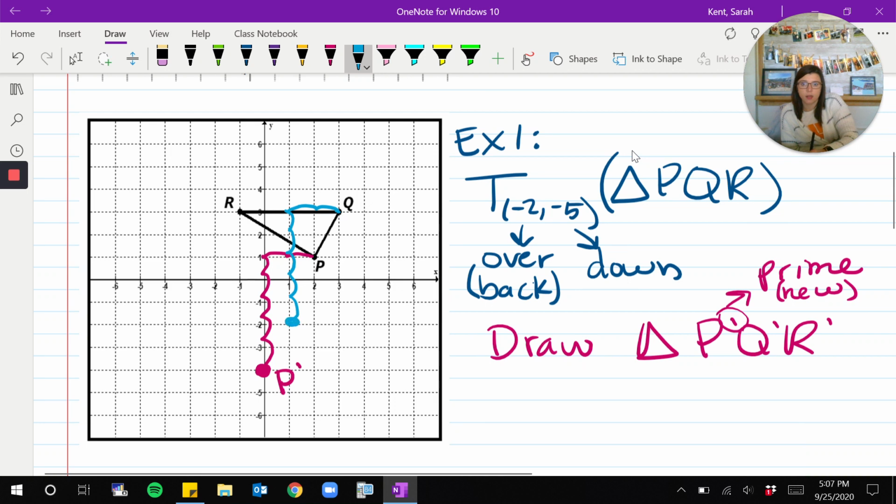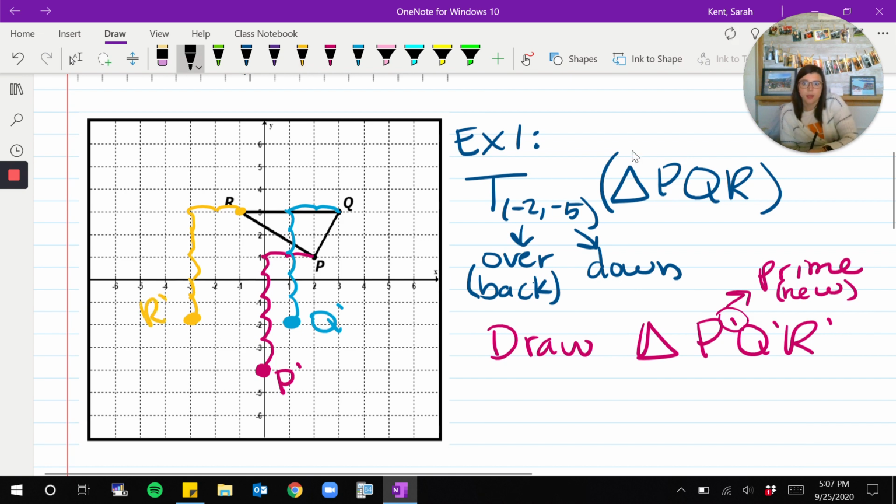Here I have my new Q. And last but not least, I have R, and I'm going to go back 1, 2, down 1, 2, 3, 4, 5. I'll put another dot, my new R.